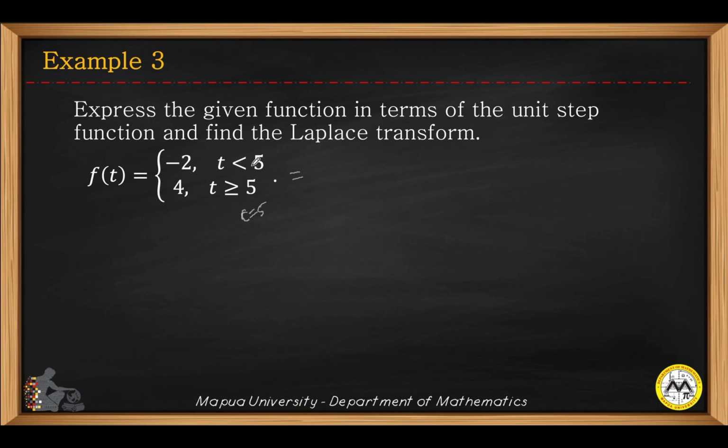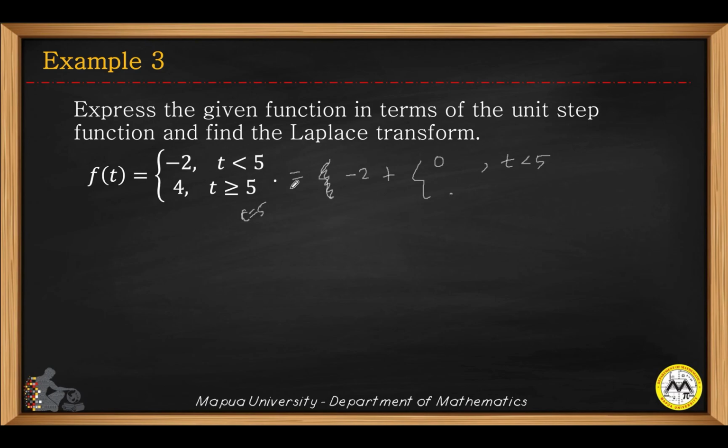So for t less than 5, the value here must be equal to 0. If you want this to be 0, then you add negative 2 plus this form of the function. So 0 for t less than 5.